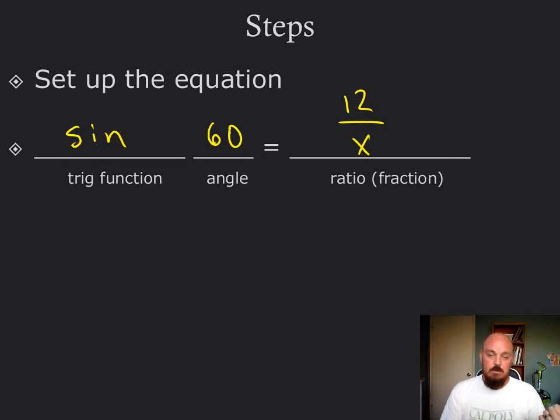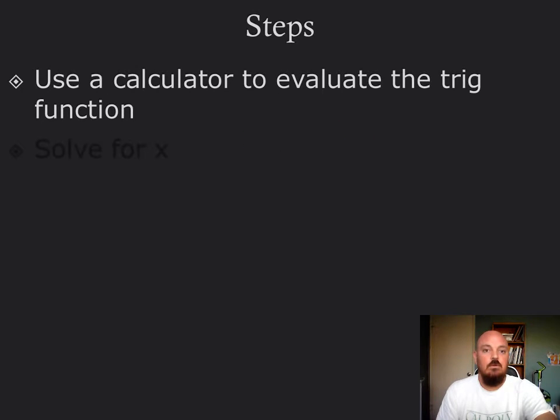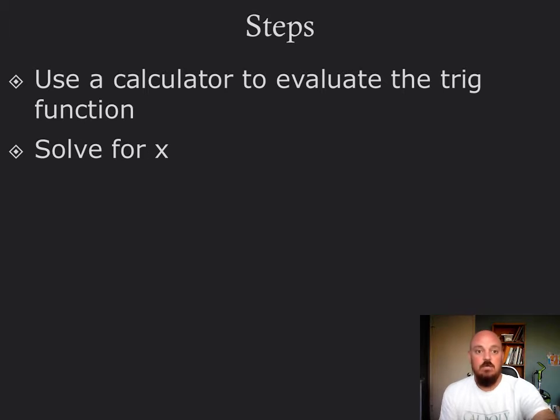It could be opposite over hypotenuse for sine, adjacent over hypotenuse for cosine, or opposite over adjacent for tangent. Once you have your equation, you're going to use a calculator to evaluate the trig function part. My last one said sine of 60 degrees. I would grab a calculator, type sine of 60, and turn it into a decimal. Once I get that number, I solve for x.